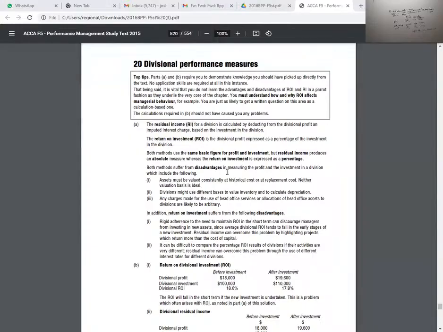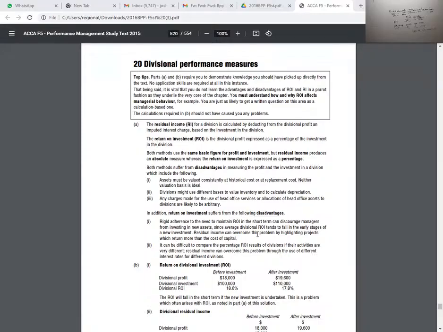You will remember these. In addition, return on investment suffers from the following disadvantages. The need to maintain ROI in the short term can discourage managers from investing in new assets.